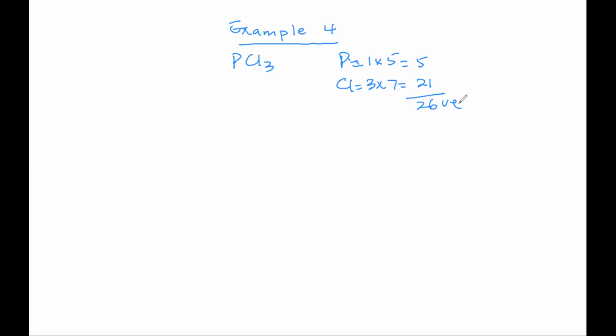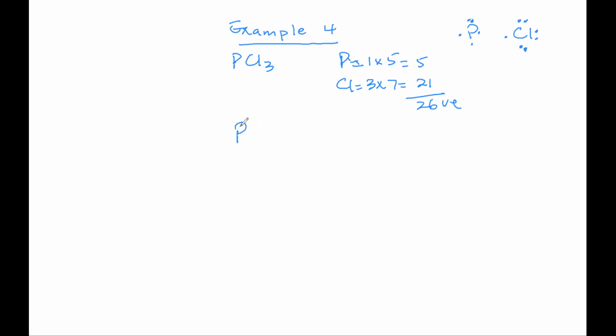But we can also do it this way. Which one has the most unpaired electrons? Chlorine has 1 unpaired electron, and phosphorus has 3 unpaired, so phosphorus also will be in the middle.